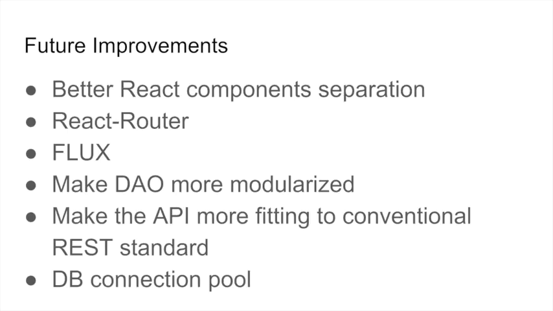It might also be a good idea to separate, say, login and logout functions and buy and sell functions into different files. And then we're also thinking of making the API fit the conventional REST standard better, because the way we use our current URL scheme is not exactly REST standard.